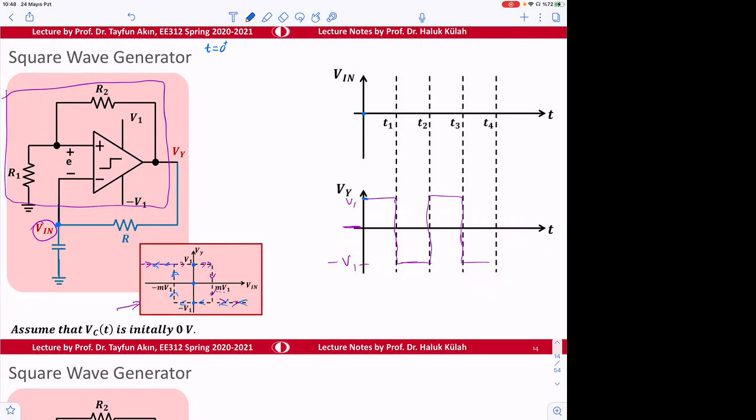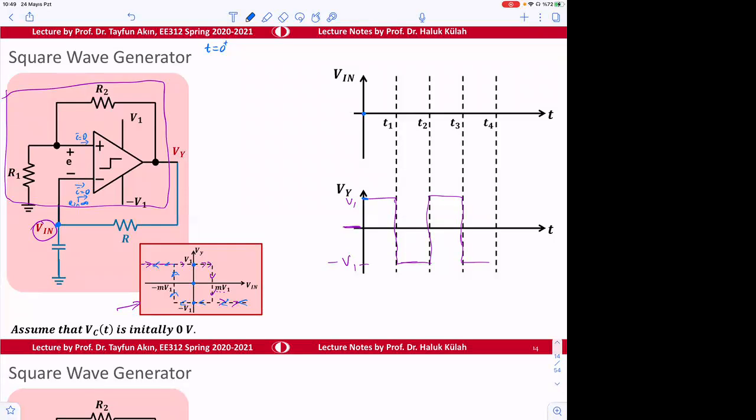Output is V1, and you know that the current through here is equal to 0, because these are supposed to be CMOS elements, or an ideal op-amp, or comparator. So the current is equal to 0. That means the input impedance here is infinity. Okay. So this is important.